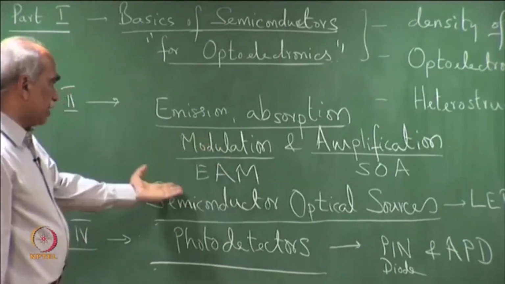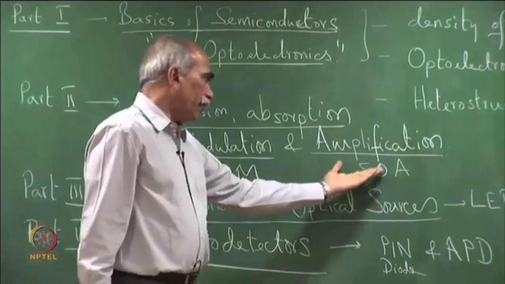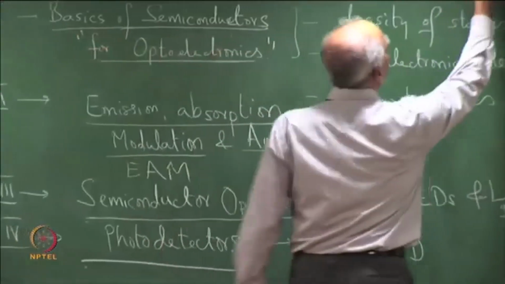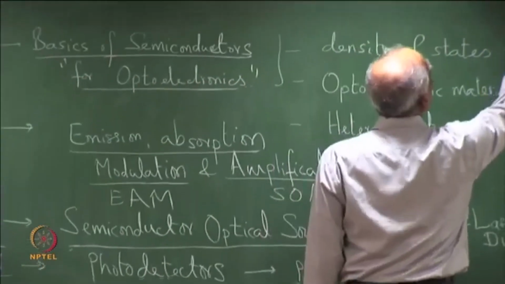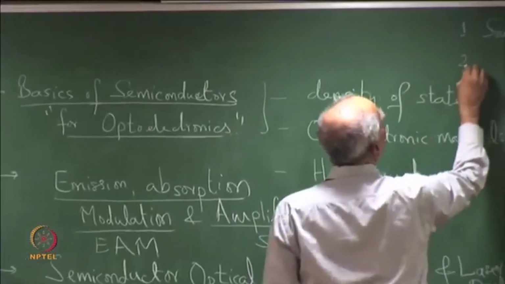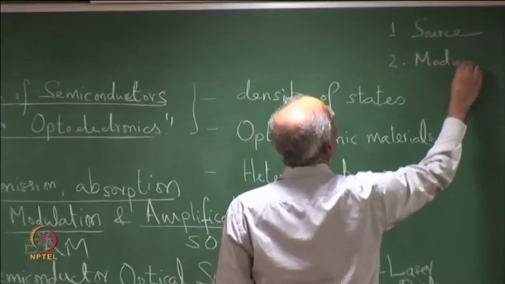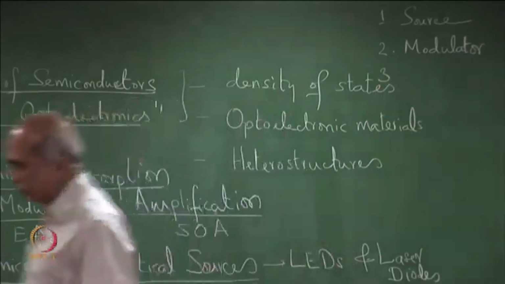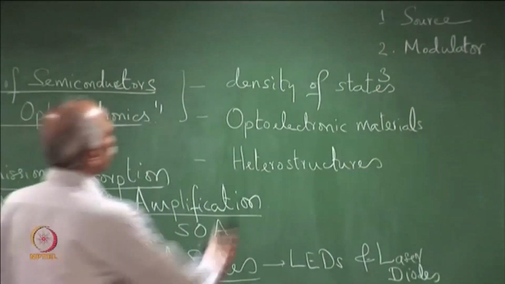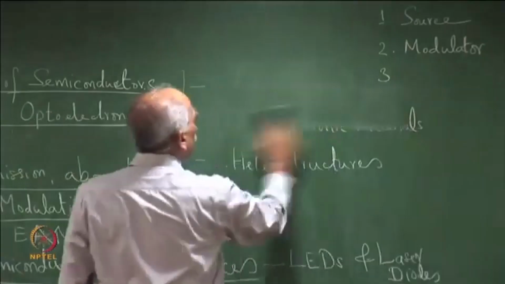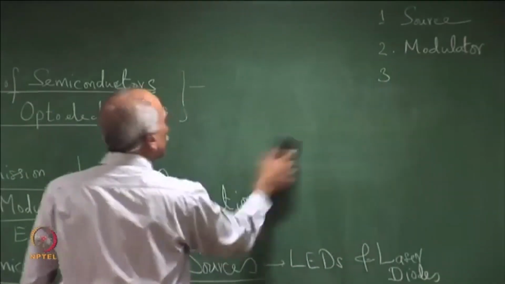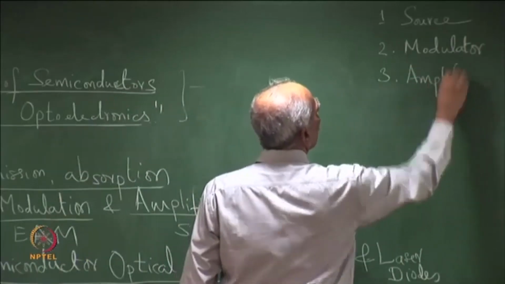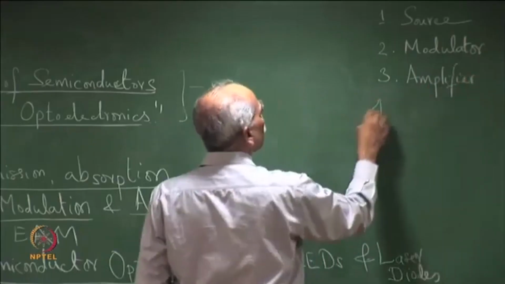So, if I may list: the modulator, the source, the amplifier, and of course, the photodetector.